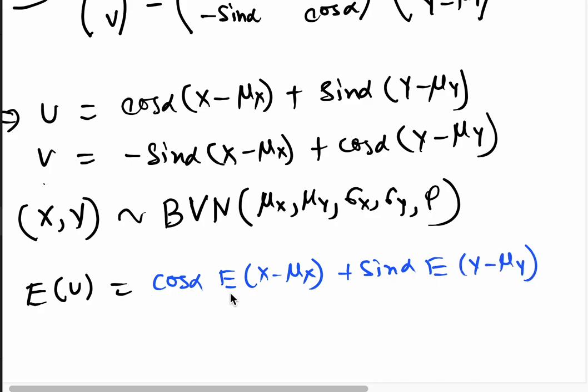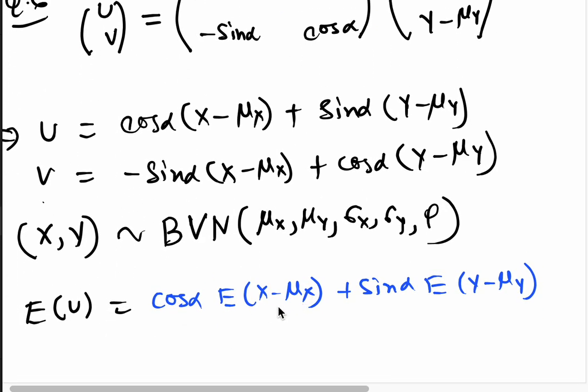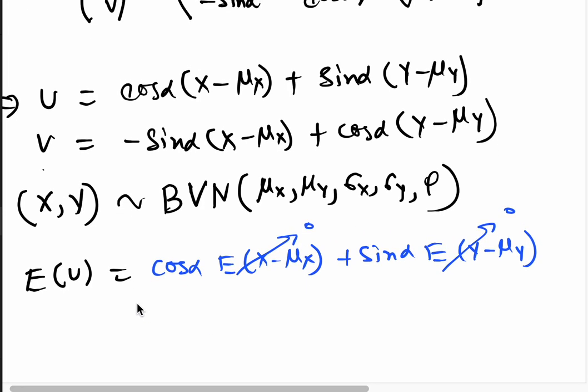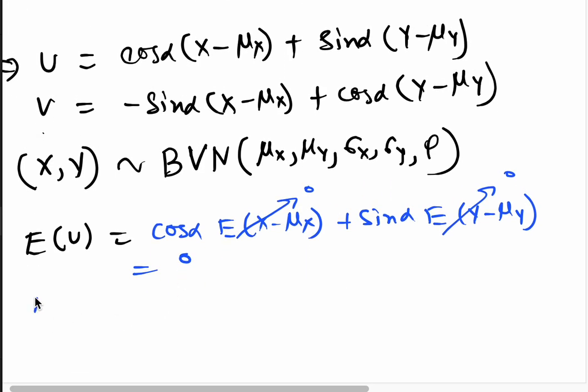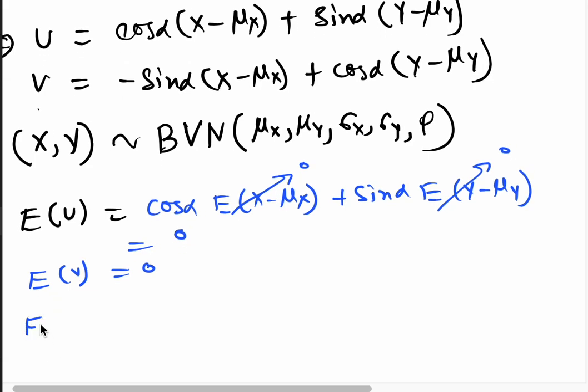It is given that the expectation of x is mu x, so this is 0, and this is also 0, so E of u is 0. Similarly, E of v is also 0, and we have to calculate E of uv.